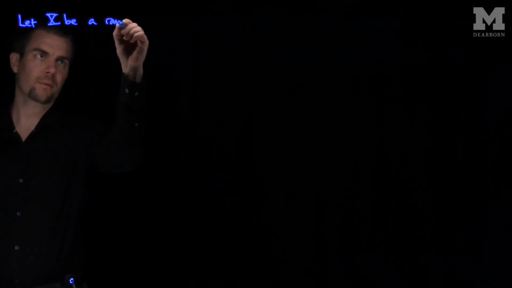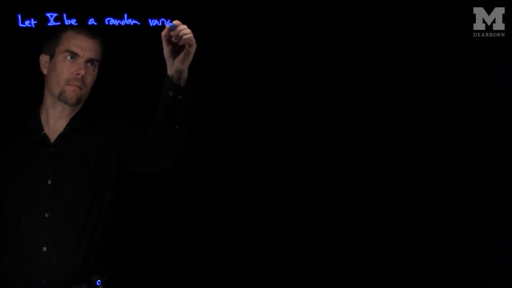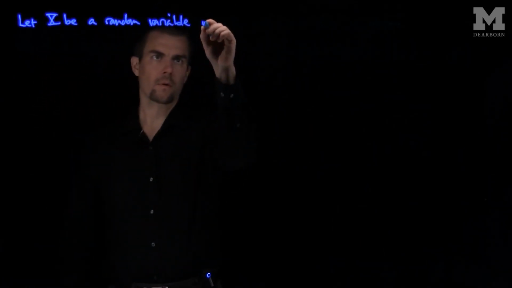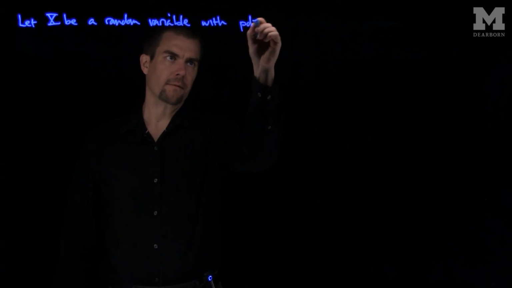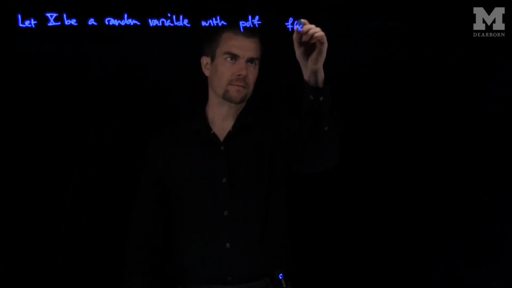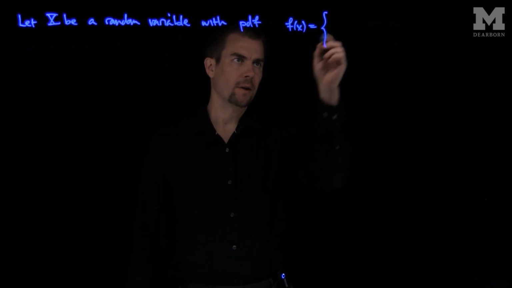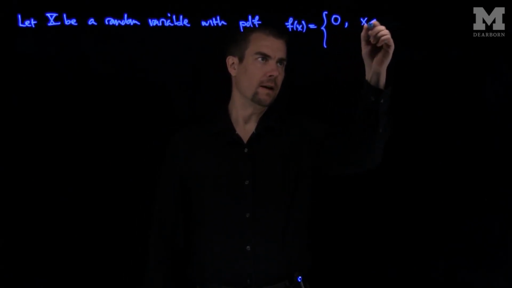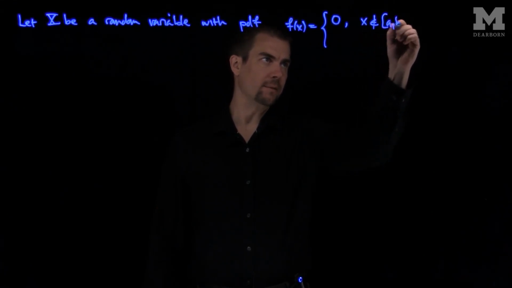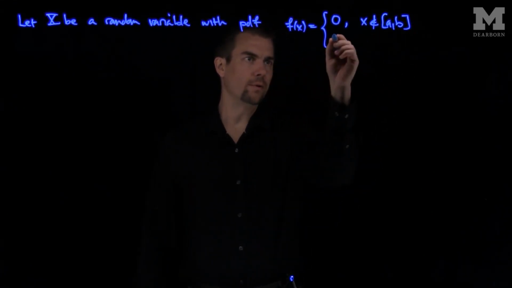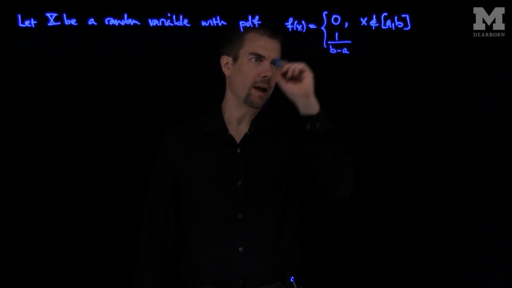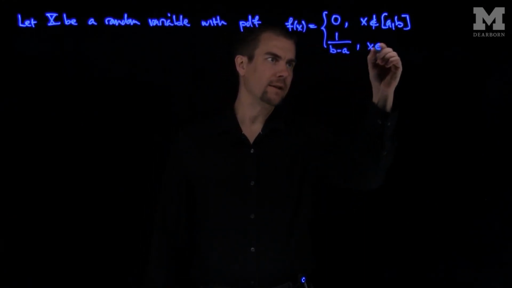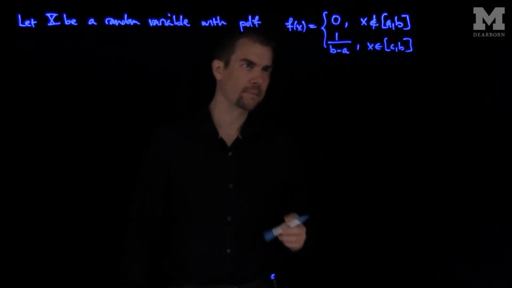So we'll first consider, let x be a random variable with PDF f of x. What this PDF will be is 0 if x is not in the interval a to b, and it will be equal to 1 over b minus a if x is in the interval a to b.